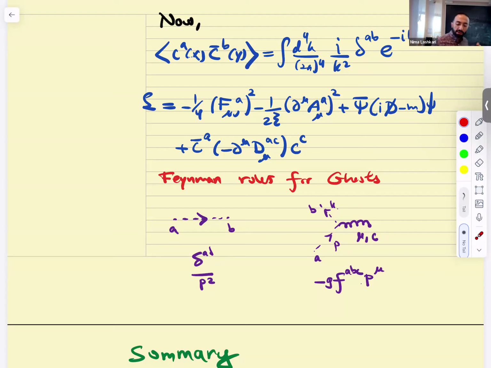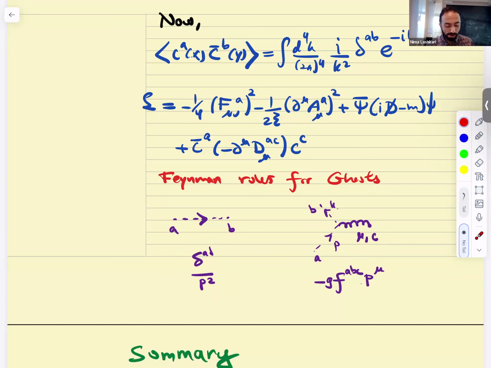But I just want to point out that these are the two vertices of the ghost. This is the propagator for the ghost, and this is the vertex I was just writing on the board. This p_mu has to do with the fact that there's a del_mu here.